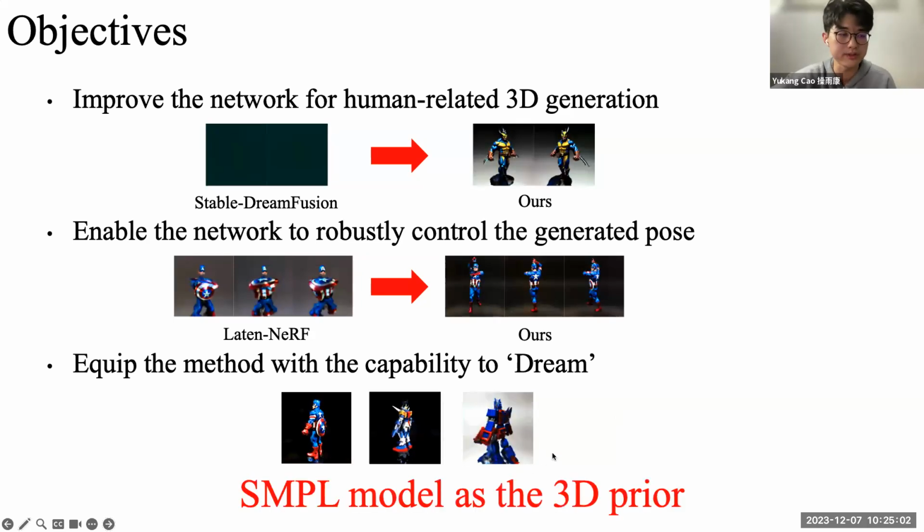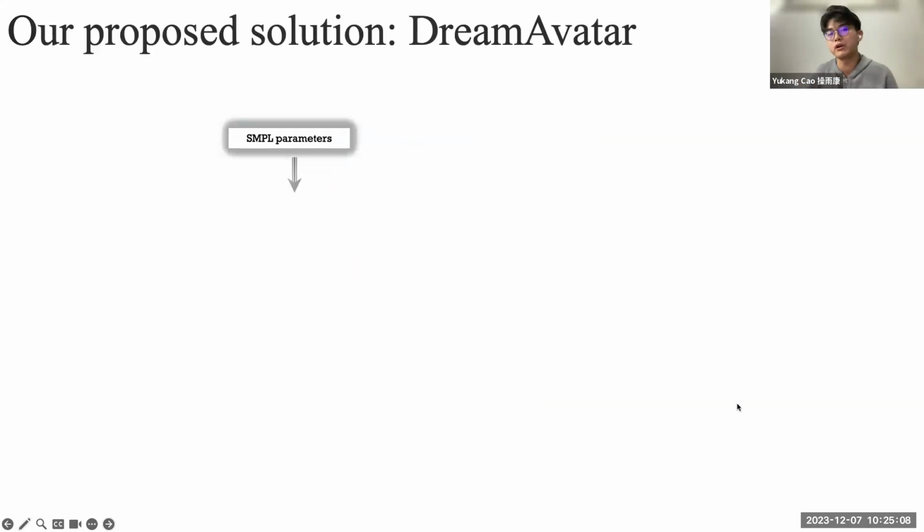To achieve these objectives, we apply SMPL as our 3D prior. In this slide, I will go through the pipeline of DreamAvatar and discuss our mindset when we were building the network. Firstly, we have the SMPL parameters which define the pose and shape that we want in the final generated avatars.